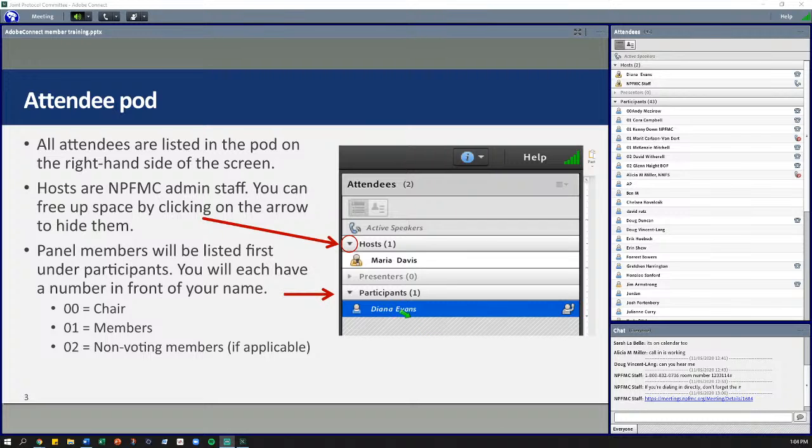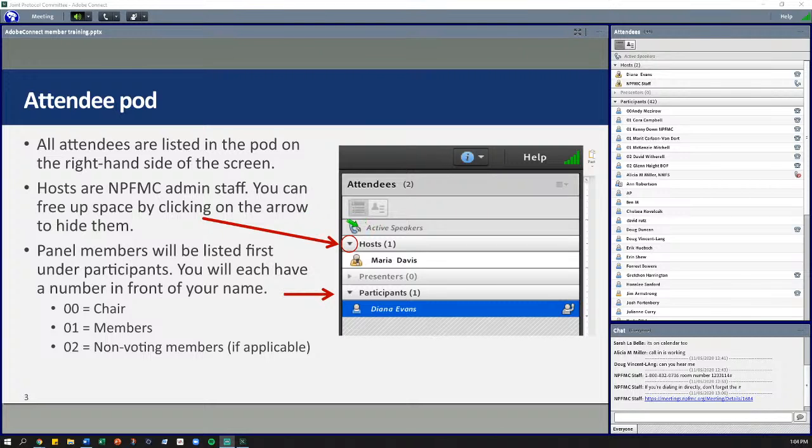If you'll notice the attendee pod on the right-hand side, try and keep your phones on mute. That's the easiest way to do it, on your actual phone, not through the computer. It's a lot more responsive.